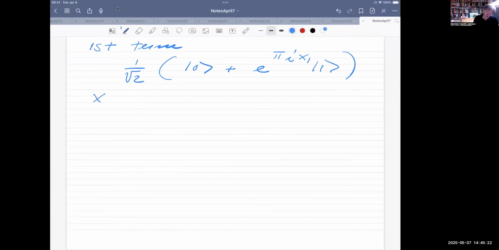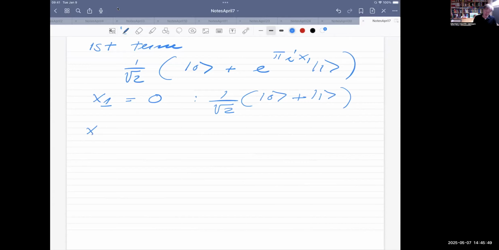So if x1 is equal to 0, then we know that what we have here gives us simply 1 over square root of 2 times the state 0 plus the state 1. So this would be how the first qubit changes from the first term.